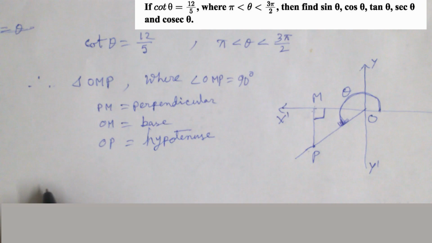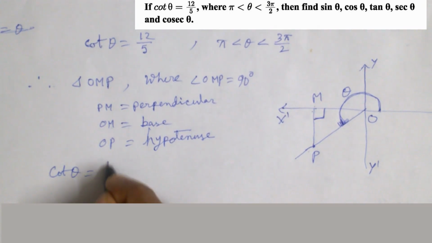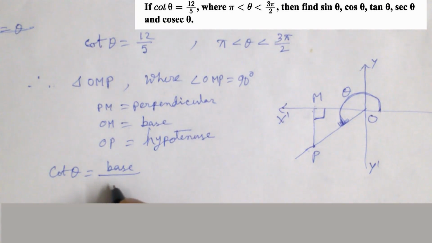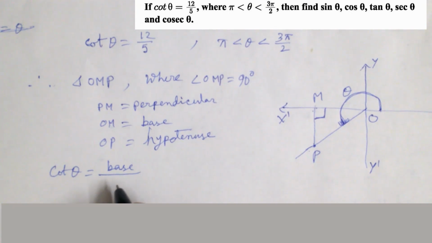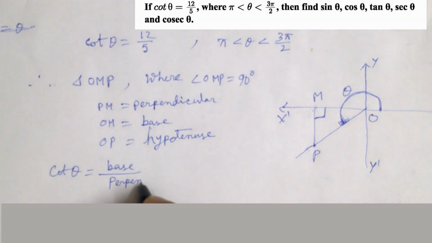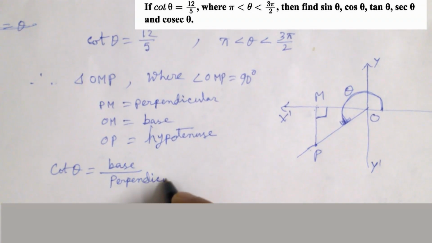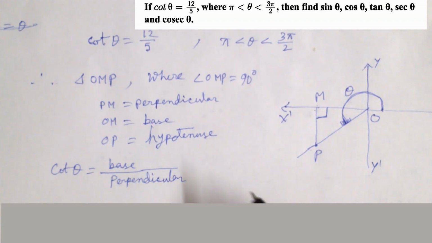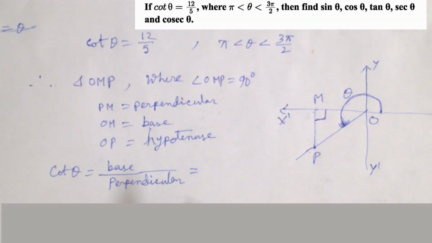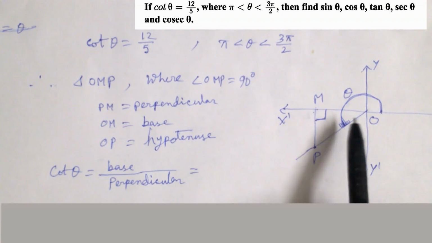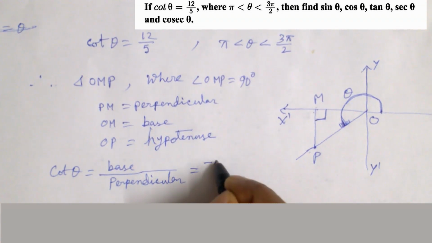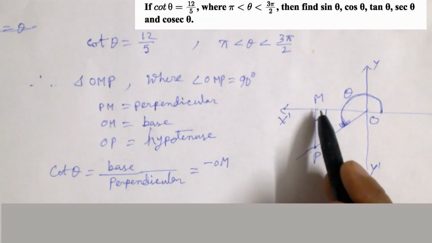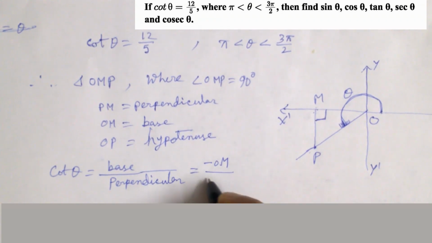As per the definition of t ratios, cot theta is equal to base by perpendicular, not base by hypotenuse. So in this case, base OM is negative and perpendicular PM is also negative.